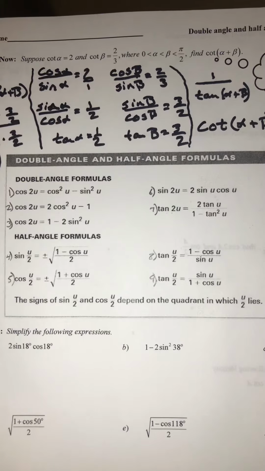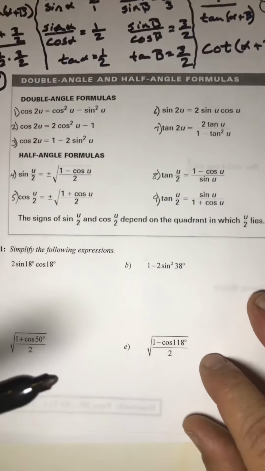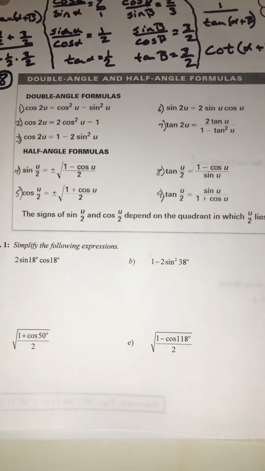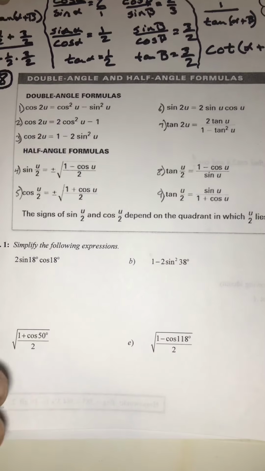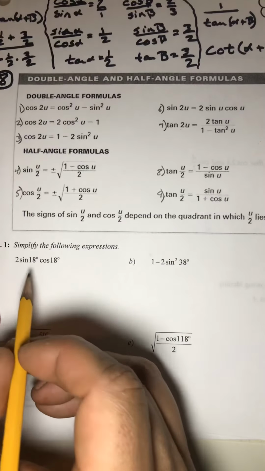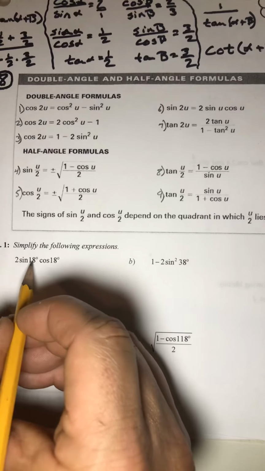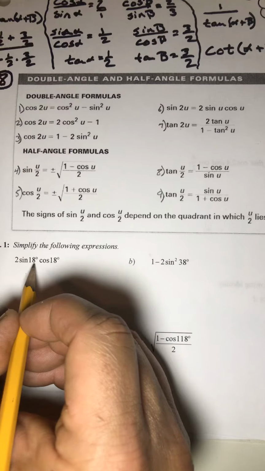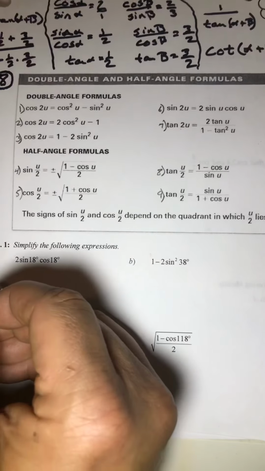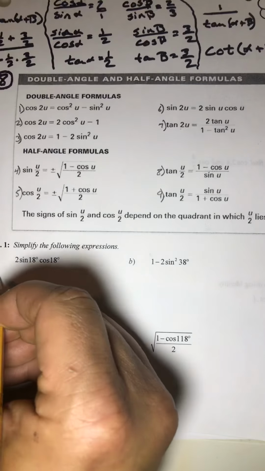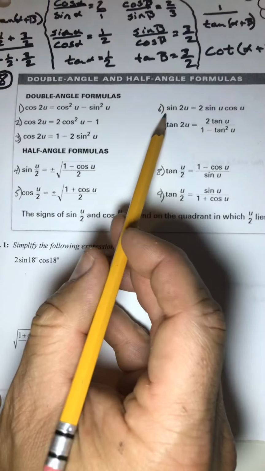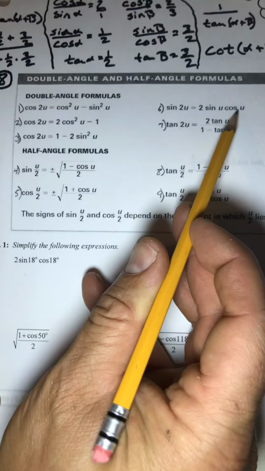Down on the bottom of the page, let's see if I get there. Yep. If you notice that this setup looks like a version of a double angle formula that is given in number 6. So if you go up and look at number 6, you can see, hey, that looks just like this.